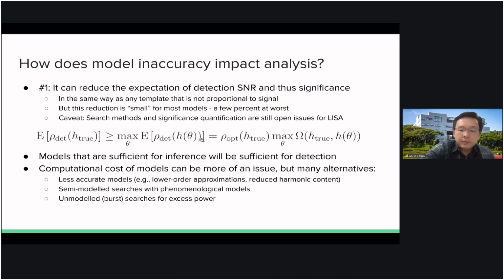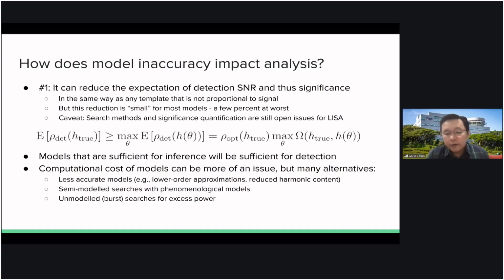Nevertheless, I think we don't have to worry too much about detection since we also need to do inference, and models that are sufficient for inference will naturally be sufficient for detection. For detection, it's actually the computational cost of the models that can be more of an issue, because a very large number of templates is needed to cover the parameter space for certain types of sources.